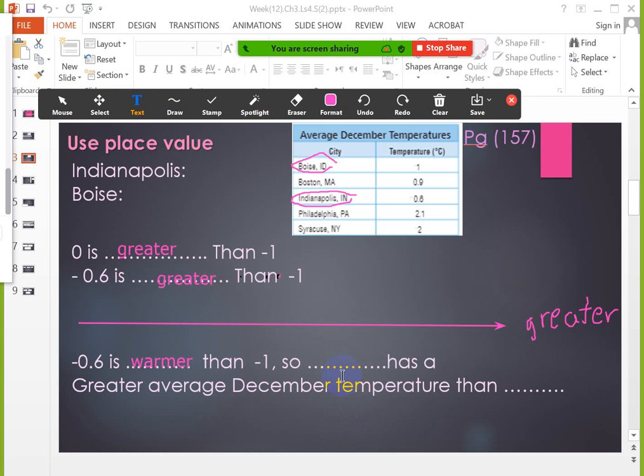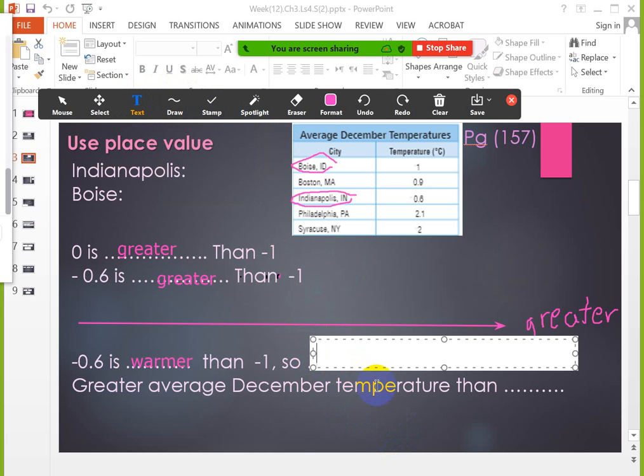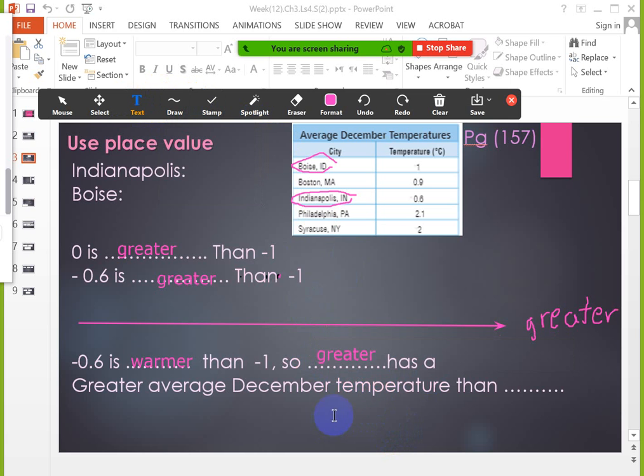So Indianapolis has the greater temperature than Boise, because -0.6 is greater than -1.